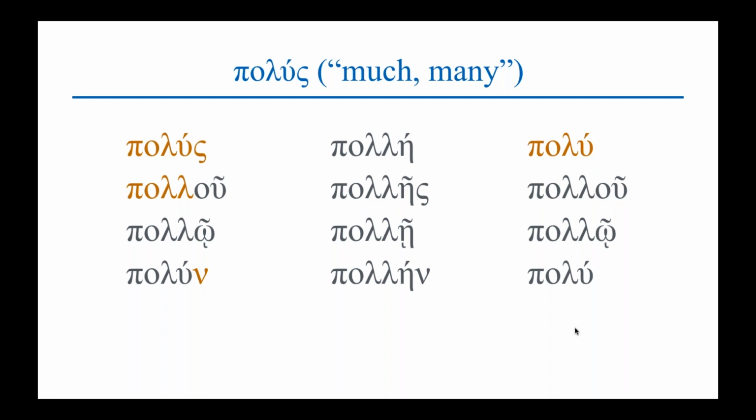This is the word polus. Polus means much or many. The thing that he's pointing out here with polus is that it is a word that has a fluctuating number of lambdas. So you can see here that here you have 2.